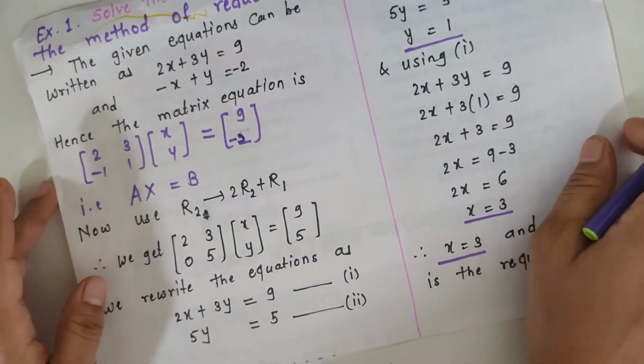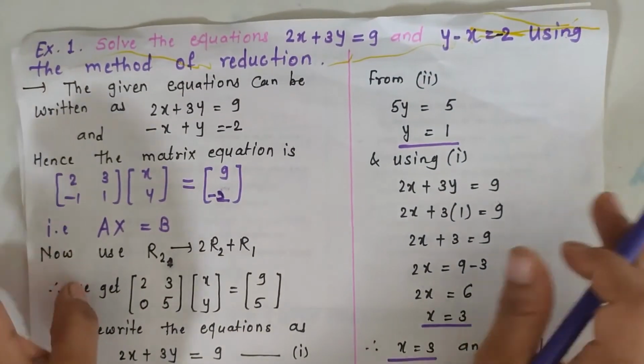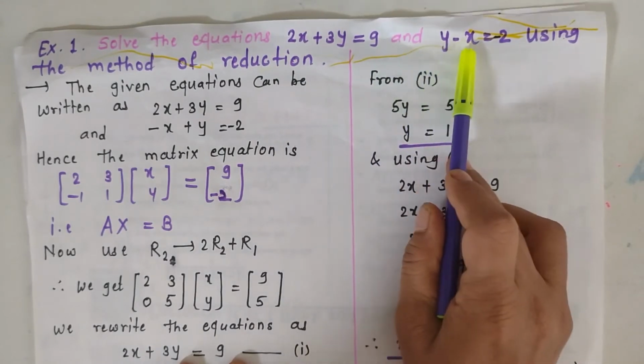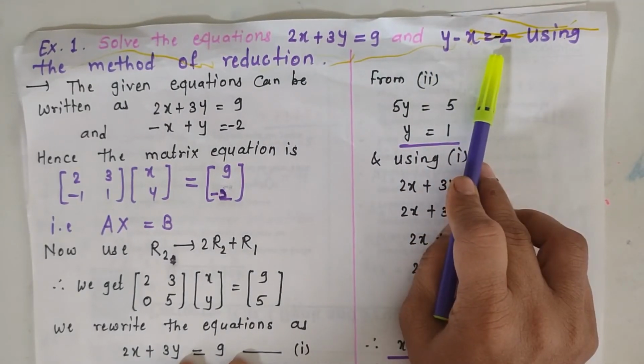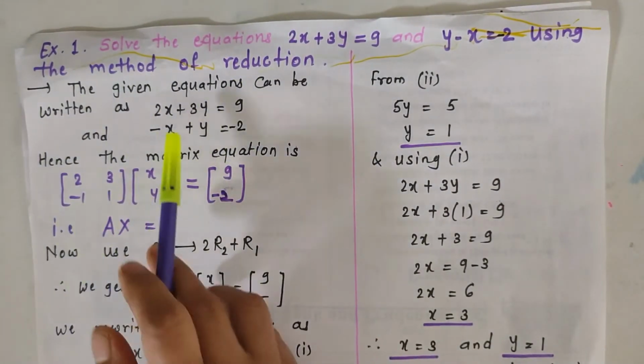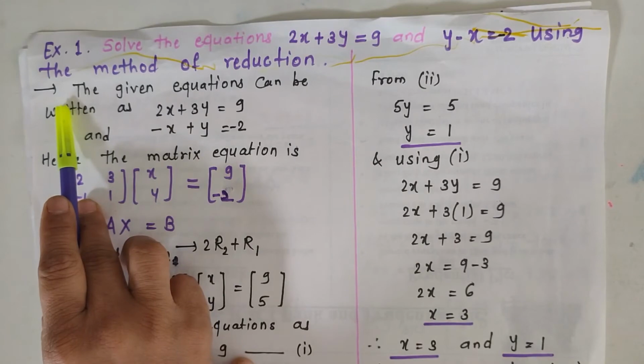Solve the equations 2x plus 3y is equal to 9 and y minus x is equal to minus 2 using the method of reduction. Solution.